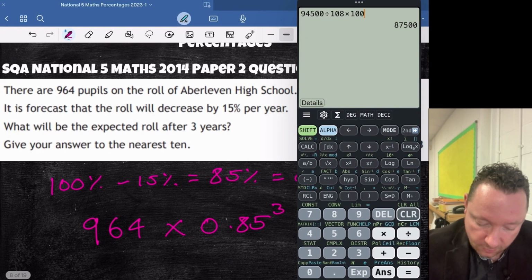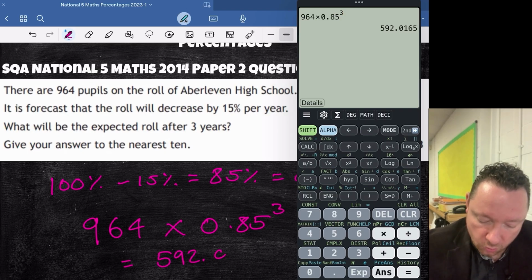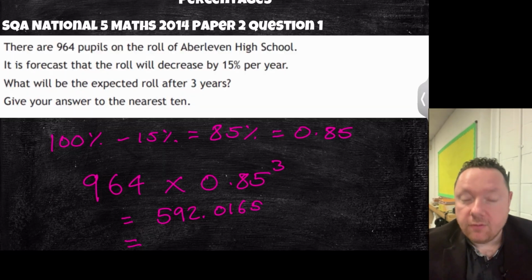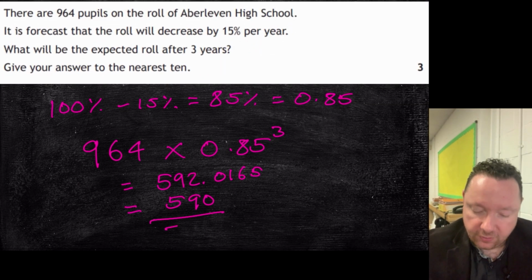Calculator for that, 964 times 0.85 to the power of 3 is 592.0165. I'll just write down my whole answer, 592.0165, which to the nearest 10 is 590. So I'll write 590 for my final answer.